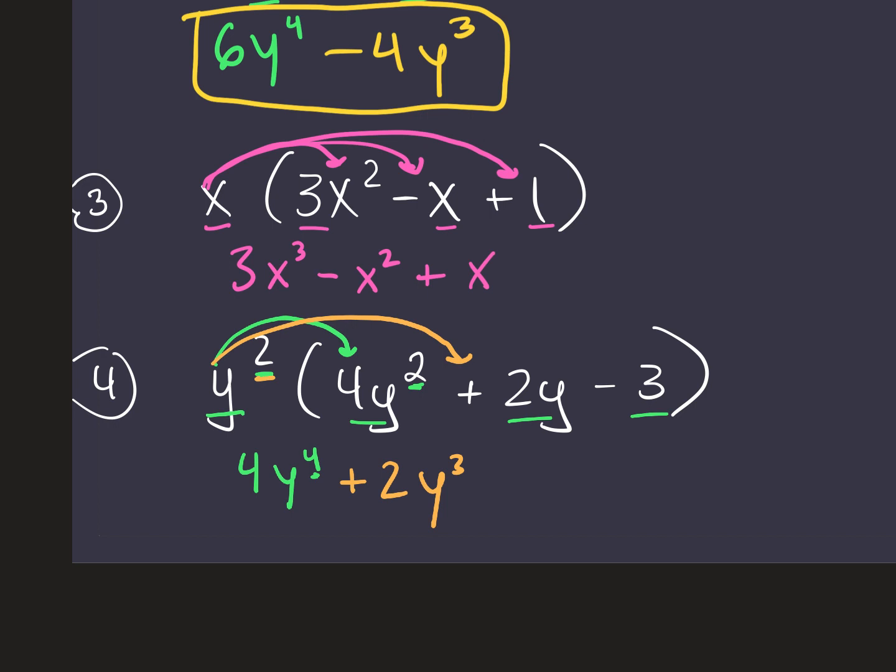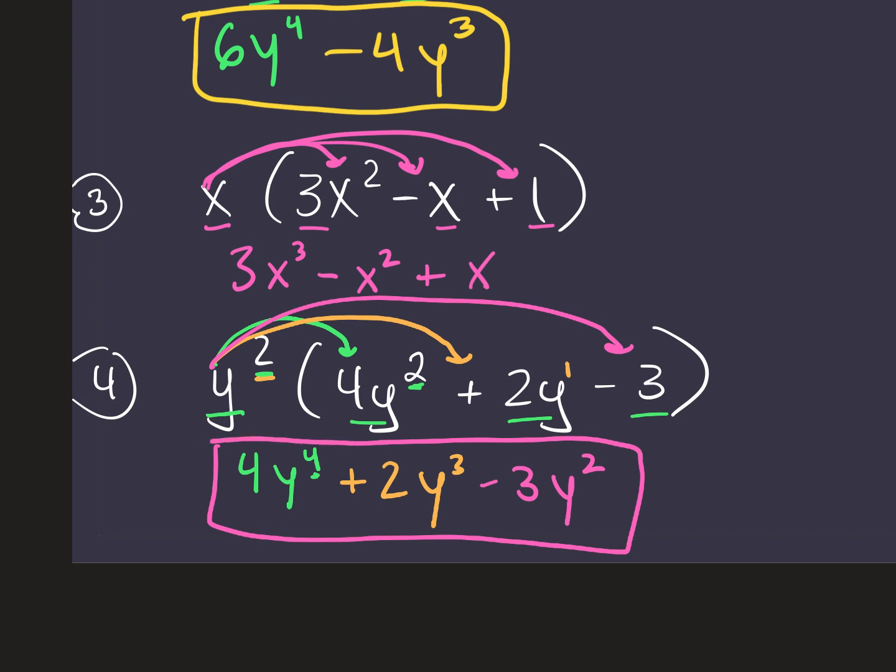Again, 2 y's on the outside, 1 y on the inside. When we multiply, add the exponents, so that's how we get y to the third power. And then lastly, y squared times negative 3 would be negative 3y squared. These are not like terms, so we just leave it like this.